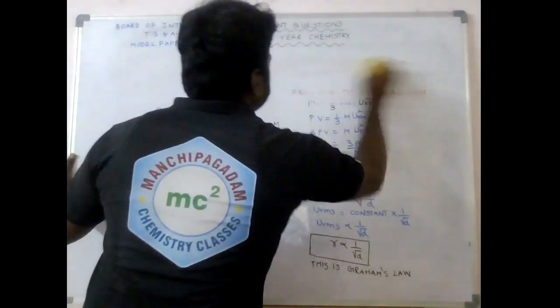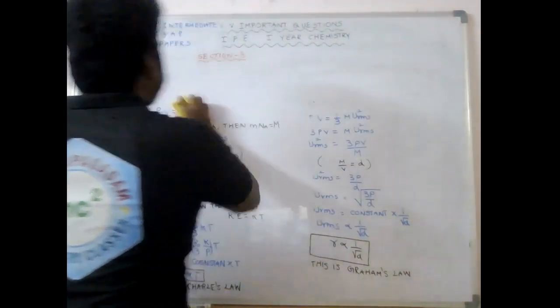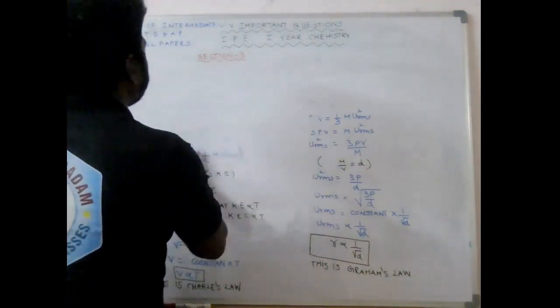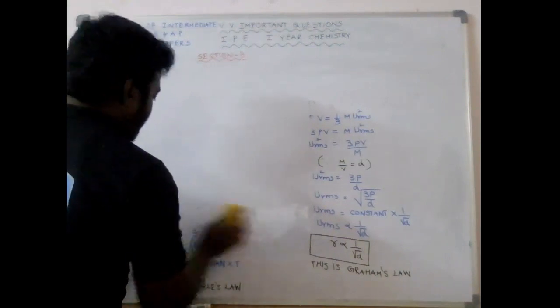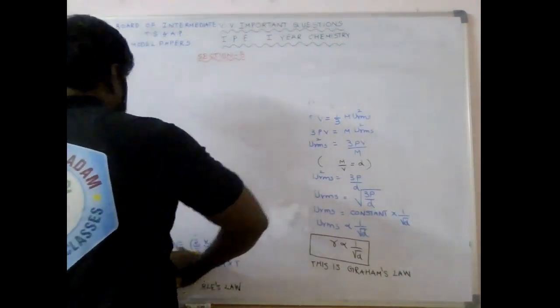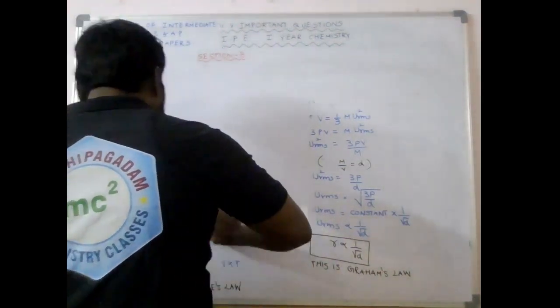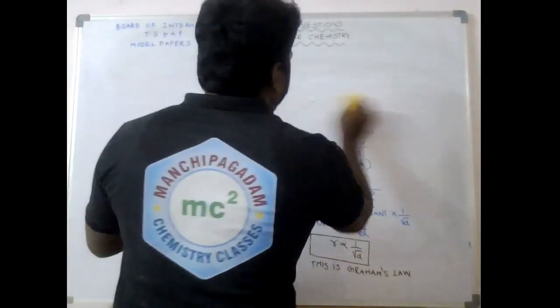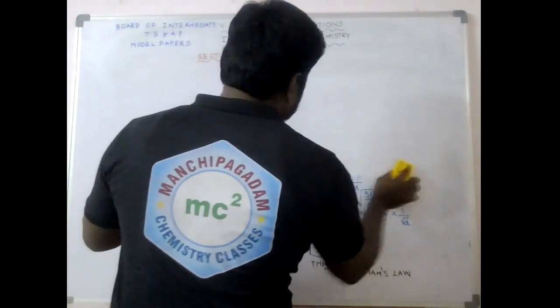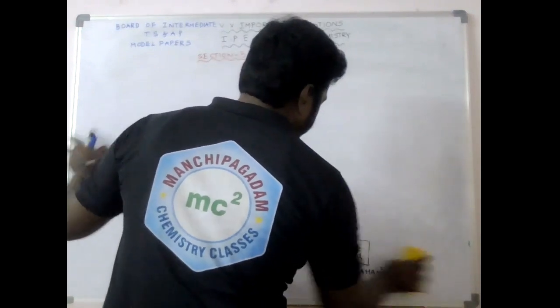12th question. It has come from stoichiometry. Whenever you hear the word stoichiometry, the important questions there are definitely balancing equations based on the ion electron method. Very, very simple.